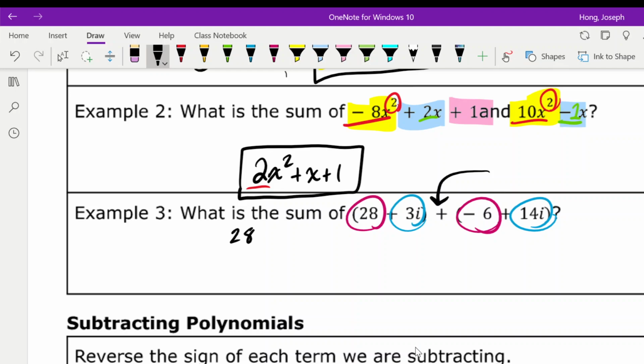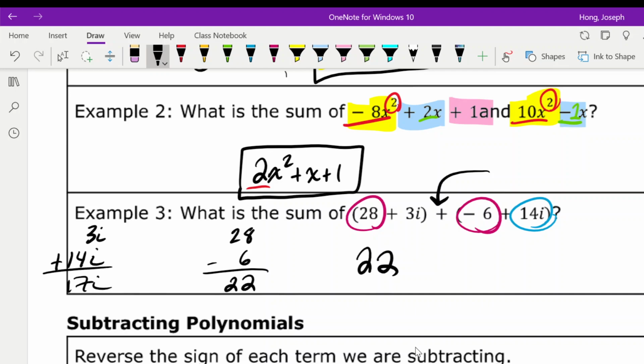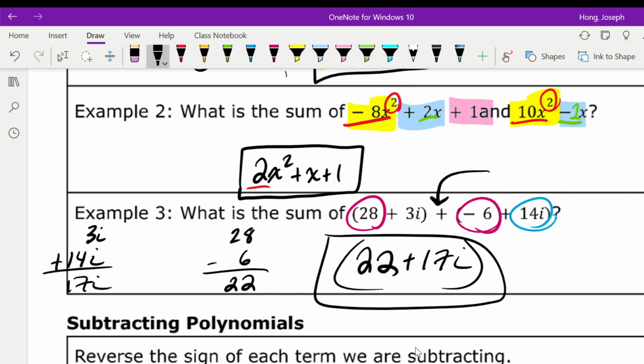That's 22. So 22. And this 3i, this is positive. Yep, it's positive. So 3i plus 14i. This is 17i plus 17i. And of course, complex numbers come in parentheses. So there you go. Very easy.